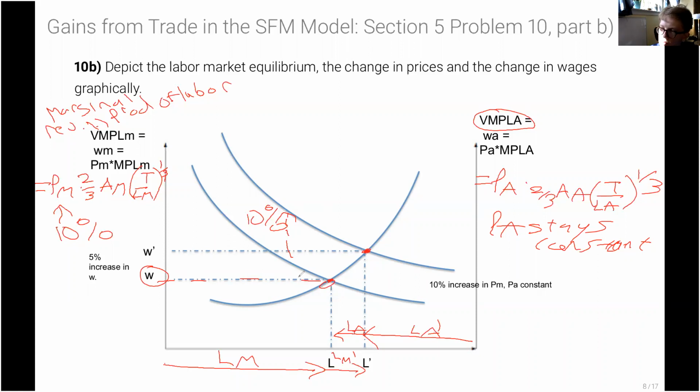Because the wages are higher, we must have had a decrease in the amount of labor employed in agriculture. The only way that agriculture is able to pay this higher wage is to hire fewer workers, so each worker is more productive and produces a higher value of their marginal product of labor. The reason manufacturing can afford to hire more workers is because the price of their output has increased.